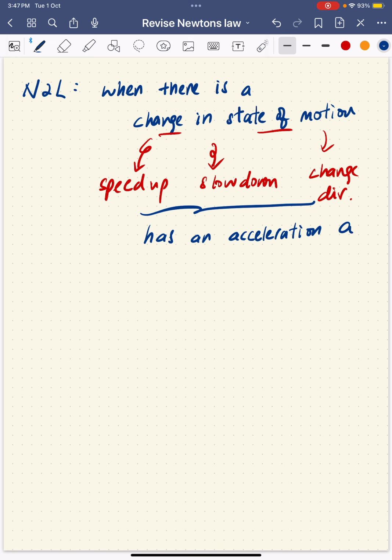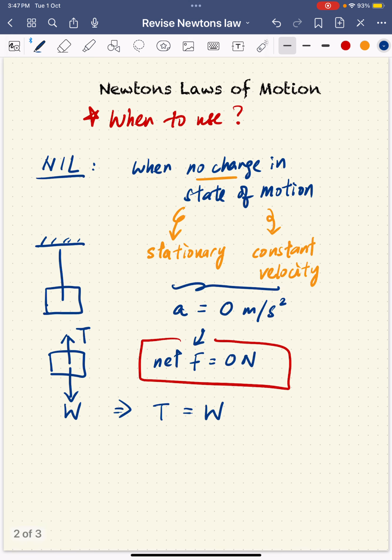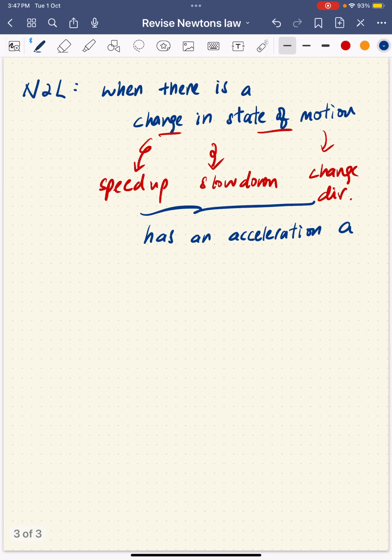Acceleration a. Compared to just now, where there was 0 acceleration, now for Newton's second law we're dealing with an object that has an acceleration. So what does it mean about the forces acting?